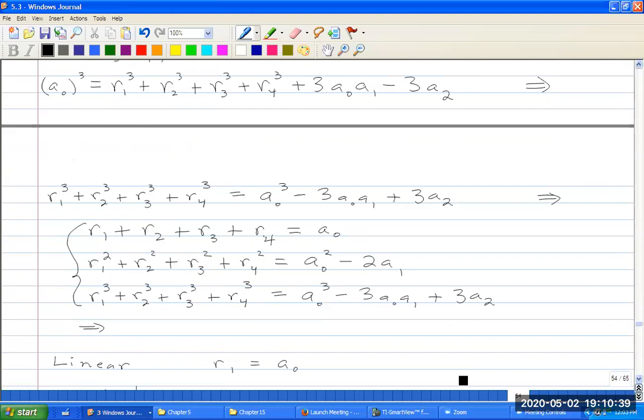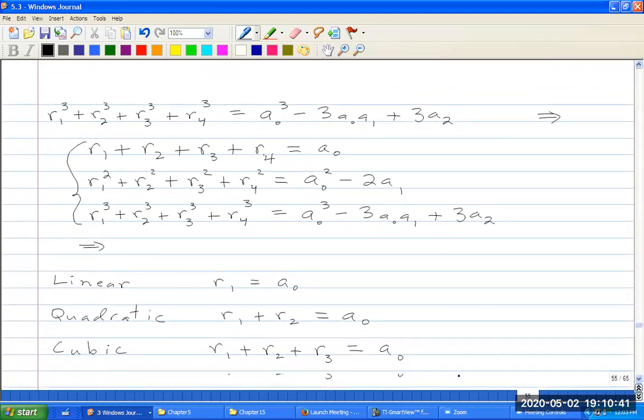So, to summarize, R1 plus R2 plus R3 plus R4 is A0, R1 squared plus R2 squared plus R3 squared plus R4 squared is A0 squared minus 2A1, and R1 cubed plus R2 cubed plus R3 cubed plus R4 cubed is A0 cubed minus 3A0 A1 plus 3A2.